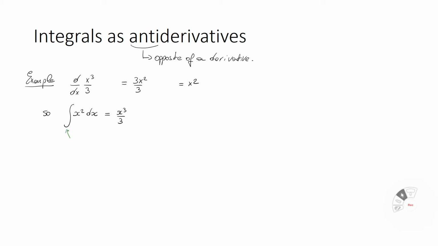So this long s, this is the integral sign. And this is sort of a stylized S. And you can think of this as a variant of the sigma sign that you know from summing things.